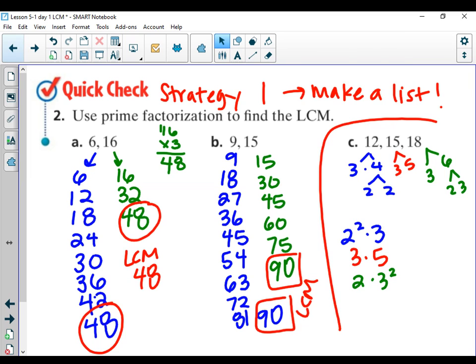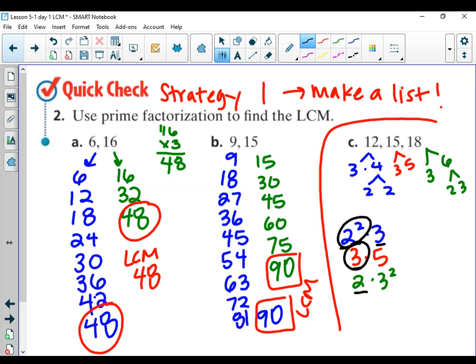Here's my other way. What's bigger, 2 or 2 to the second? 2 to the second. What's bigger, 3 or 3? Literally doesn't matter, pick one, they're the same. Oh no. I see another 3 bigger down here.